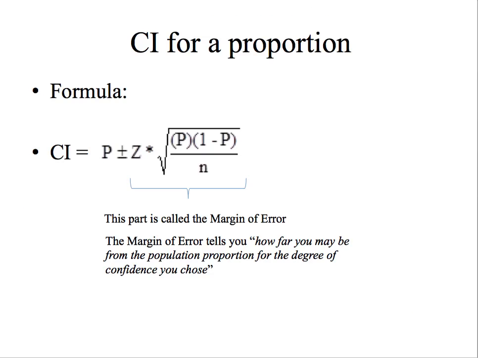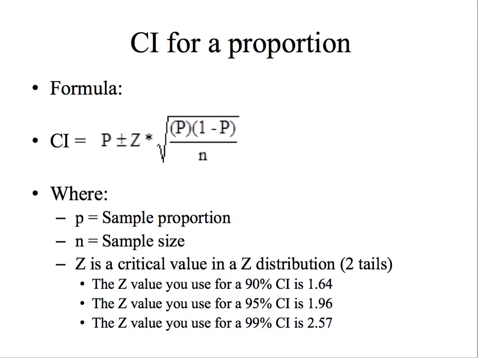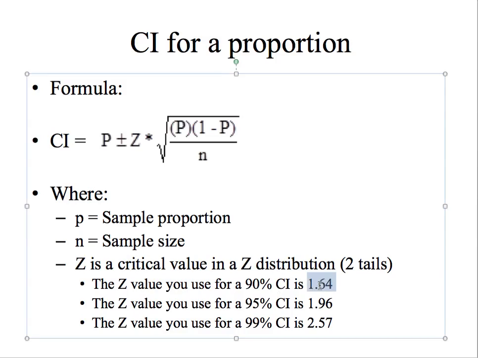We said that if we want to be 90% sure, our z-value is 1.64. If we want to be 95% sure, our z-value is 1.96. And if we want to be 99% sure, our z-value is 2.57.